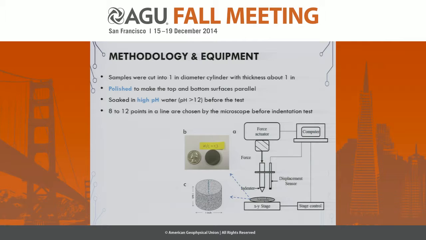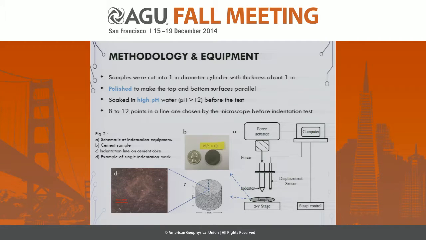You can see here with the dots. And typically 8 to 12 points were chosen to do the indentation test for each single sample. The last picture here is an example of the indentation surface of a single mark. And the scale bar here is 0.25 millimeter.